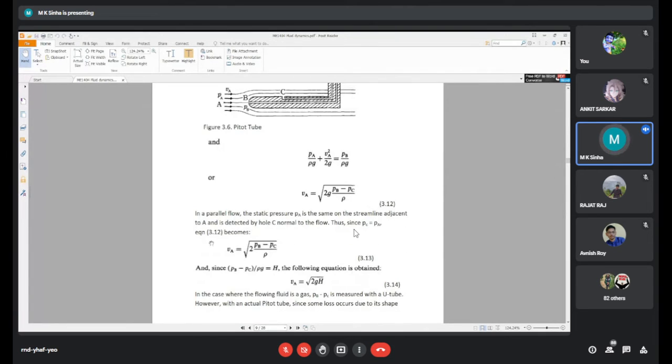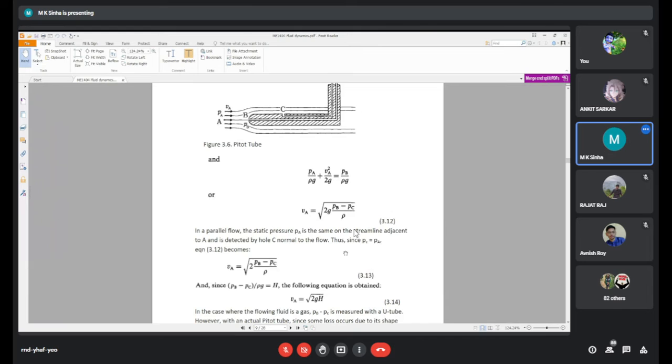So in a parallel flow, the static pressure PA is the same on the streamline adjacent to A and detected by the hole C, normal to the flow.